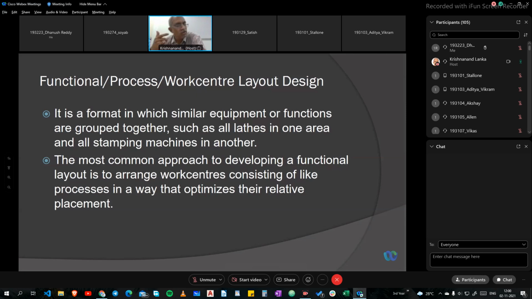So what should be the criteria for designing your layout? You want to evolve a very efficient layout for NIT Warangal. What should be your analysis criteria? Like how many people will be using the layout at the same time, how many people will be using it at a given time?